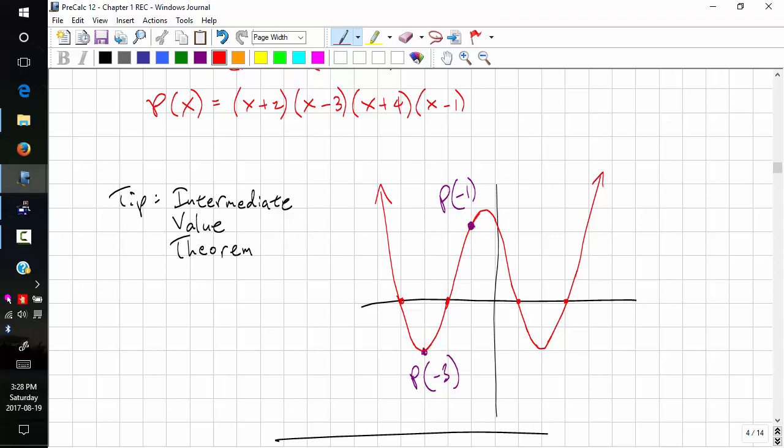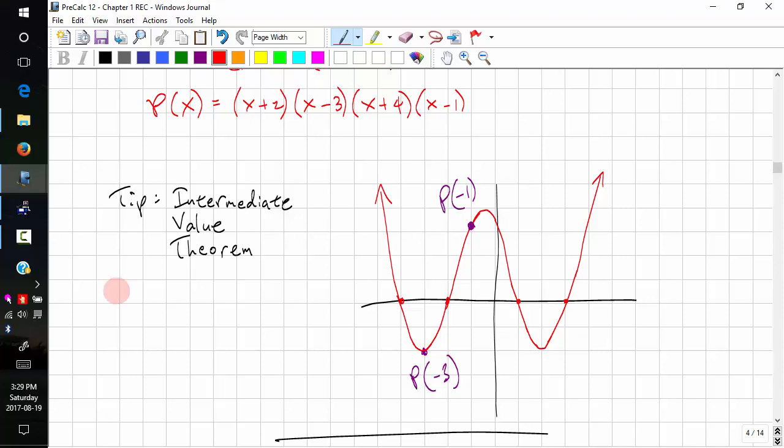And there's no way to get from negative to positive without going through 0, because all polynomials are what we call continuous functions. That means we can't lift the pen from one spot, jump to another spot, and continue drawing. So there has to be a number between -3 and 1 that makes P of X 0. And we saw that at -2.